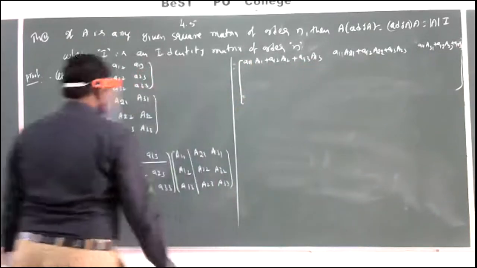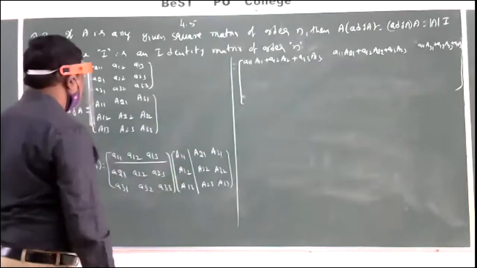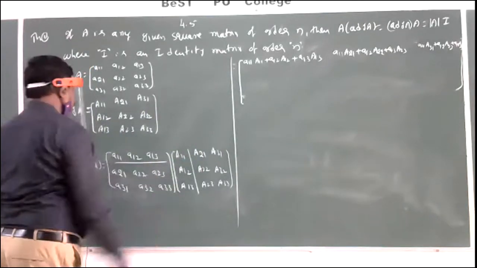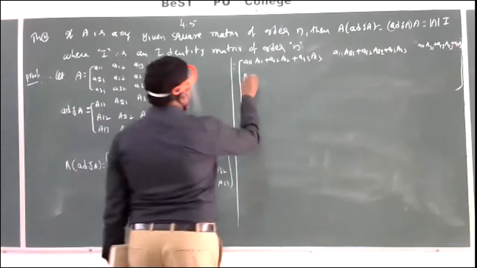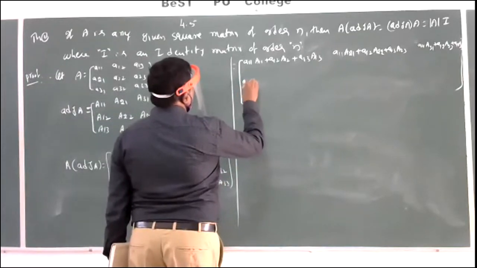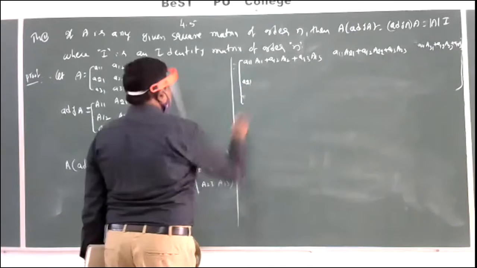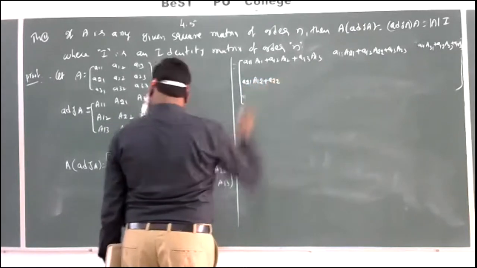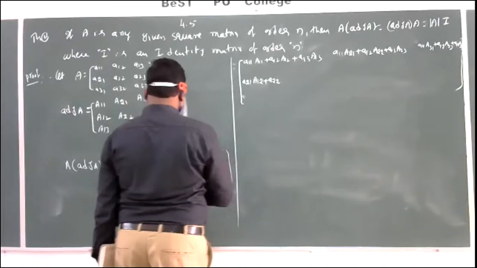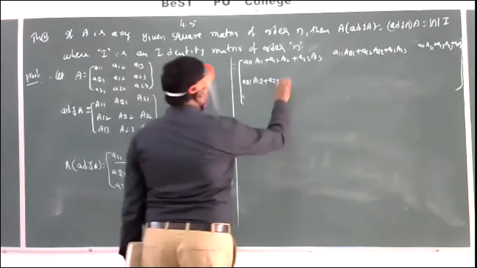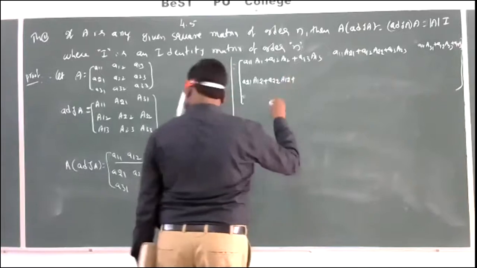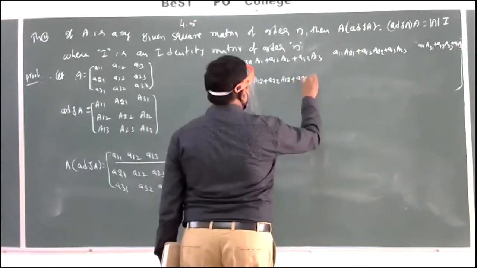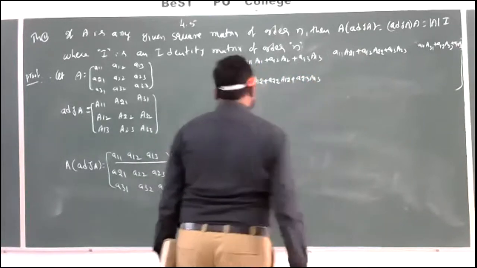Next, second row, first column. That is A21 capital A11, A22 capital A12, A23 capital A13.